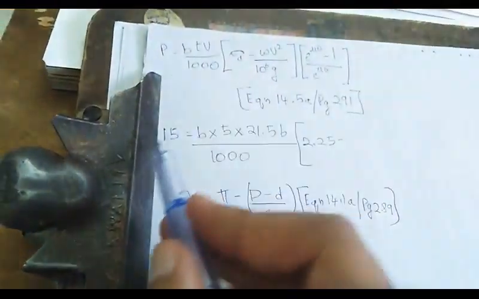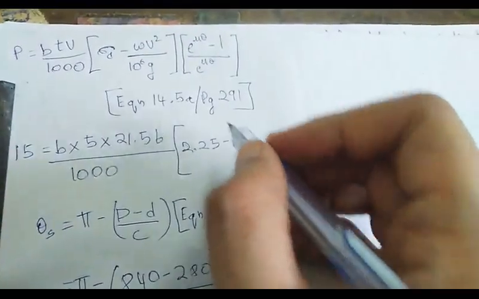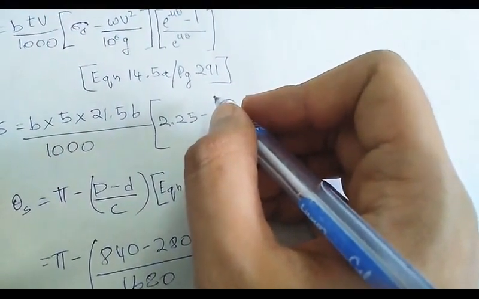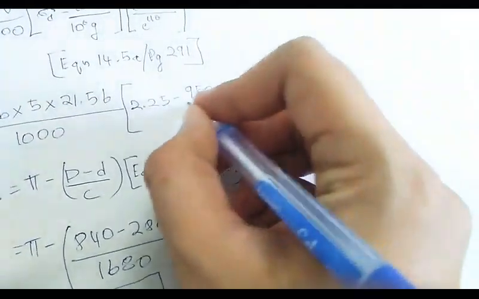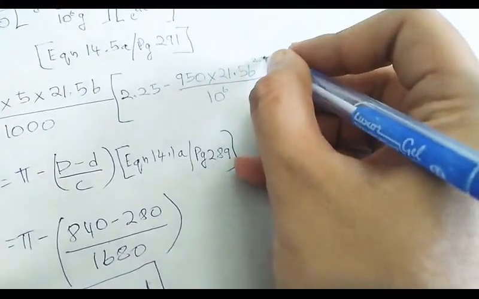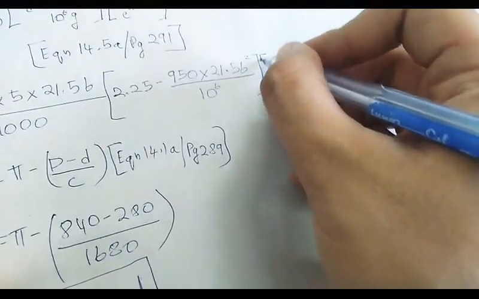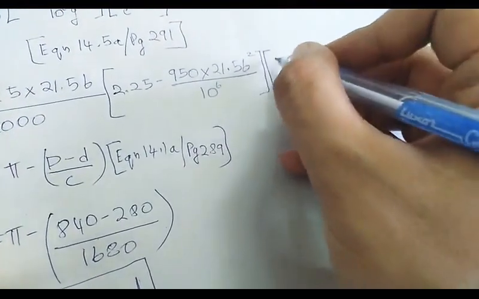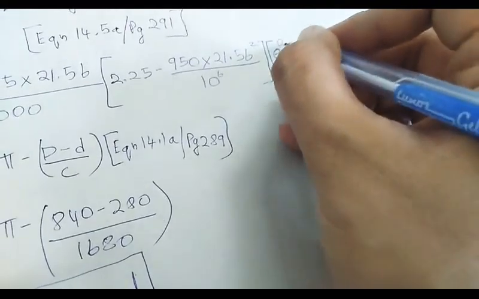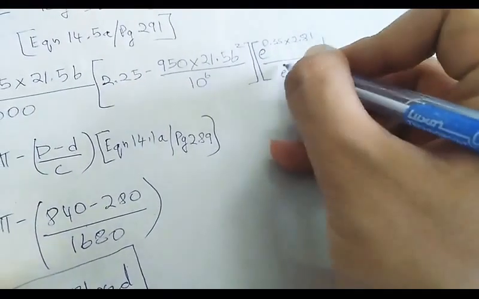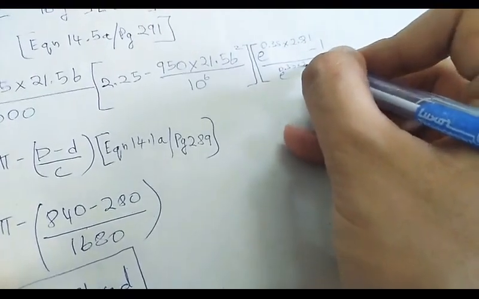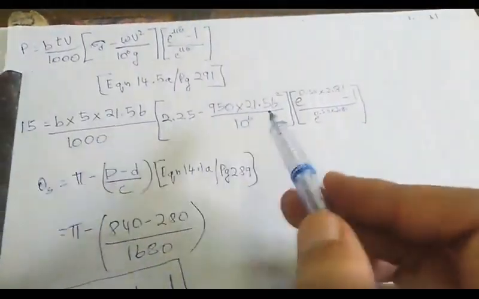Now we shall proceed with the formula for power. So we shall take the value of theta here. From this formula, if we solve, we'll get the value of b.